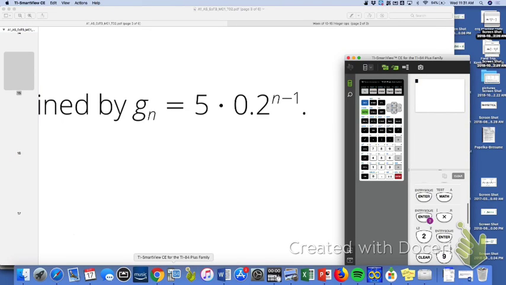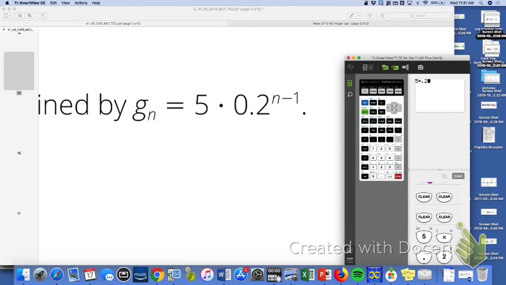All I have to do is type into the blank box in my calculator 5 times my common difference. Actually no, I don't even need to do that. So my common difference is 0.2.